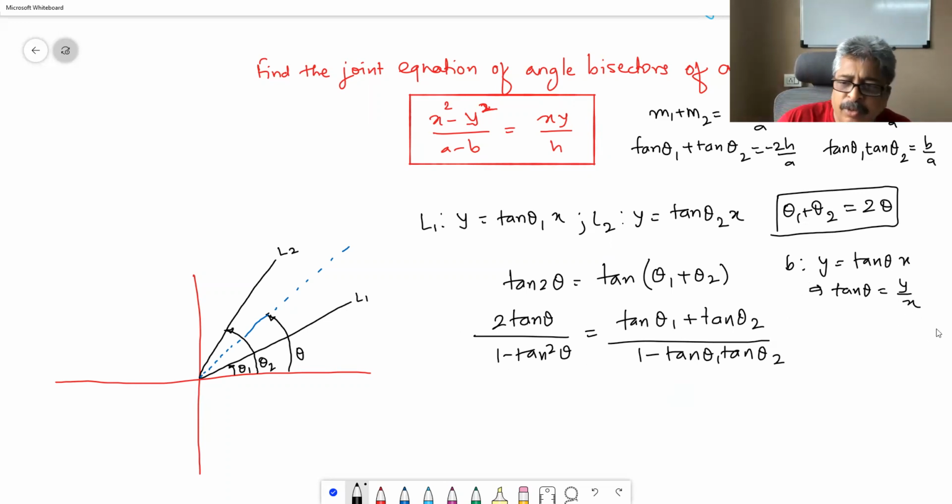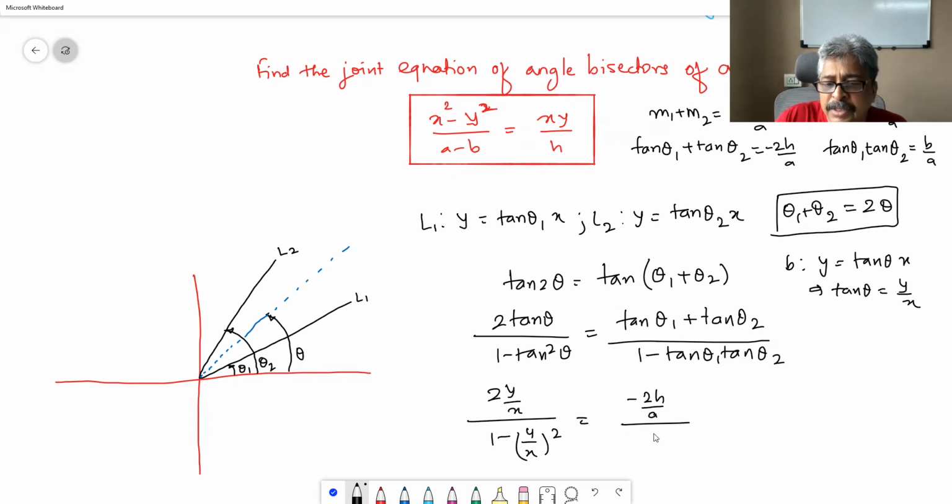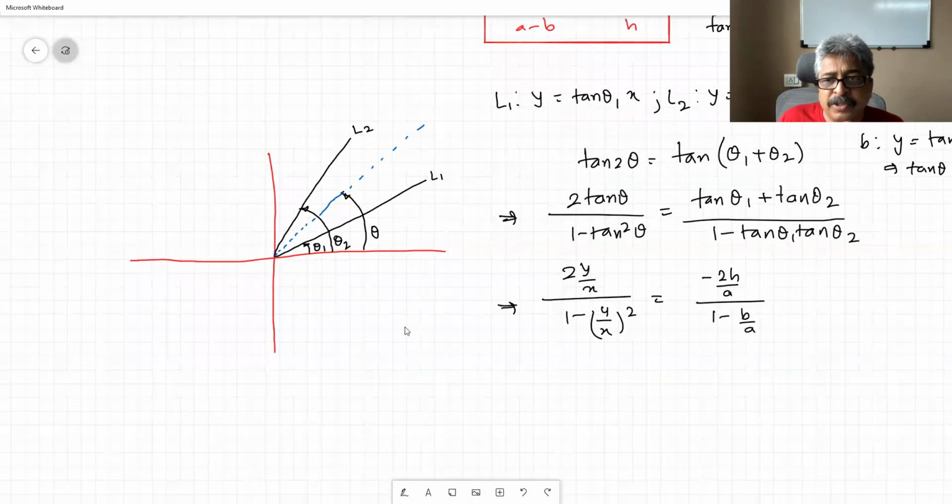Substituting everything that we have here, we get 2 times y upon x upon 1 minus (y upon x) square is equal to tan theta 1 plus tan theta 2, which is minus 2h by a, divided by 1 minus b by a. Everything is done; I think we should have our equation in place now.